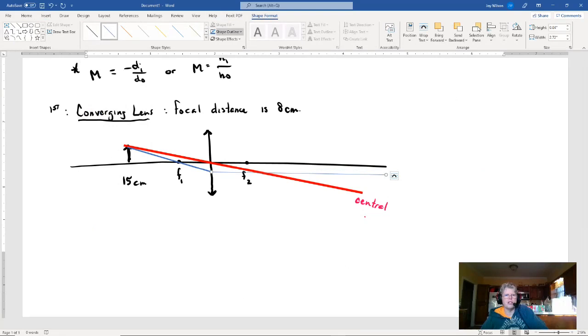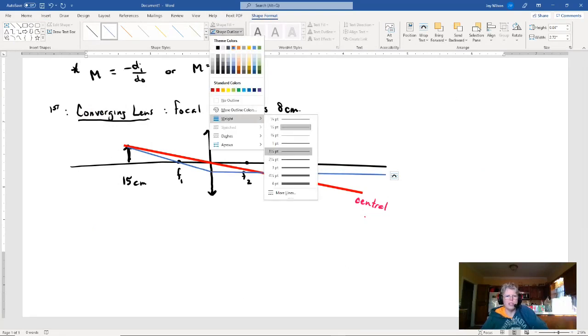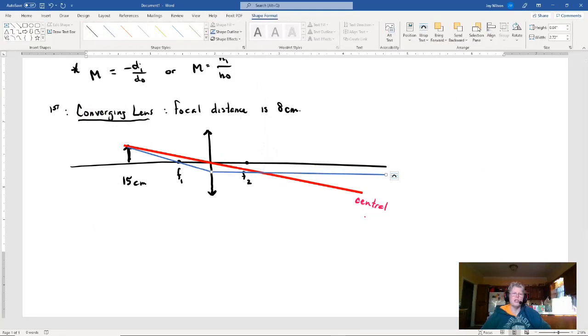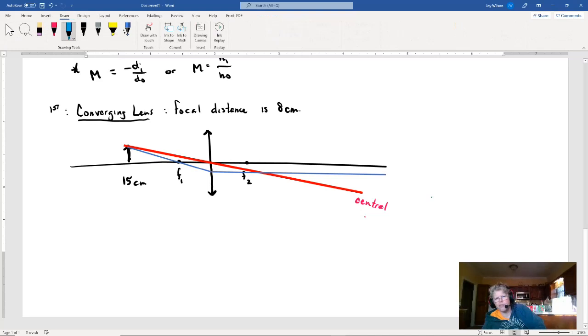Once again, make it heavier, and it's blue. So it came in through the near side focal point, went out parallel to the principal axis. So this is our focal ray.